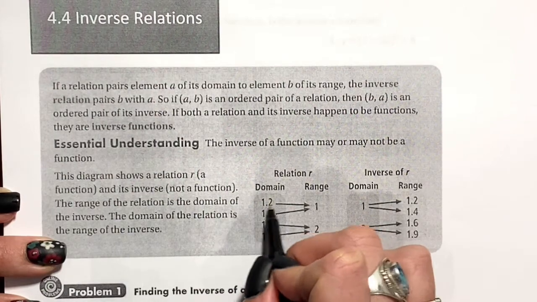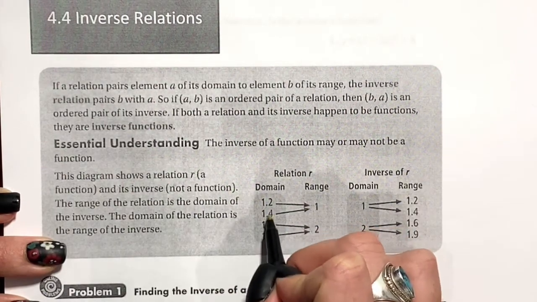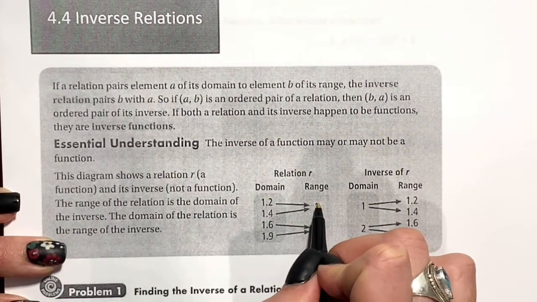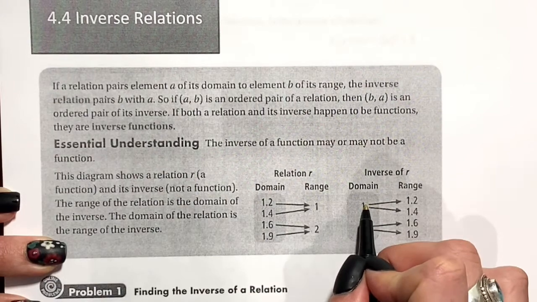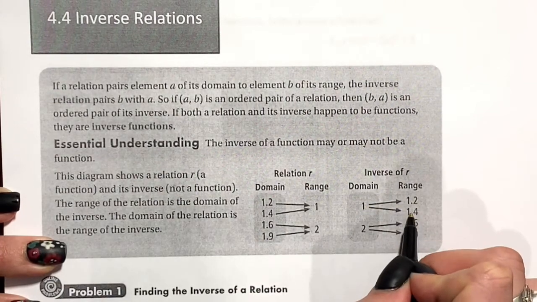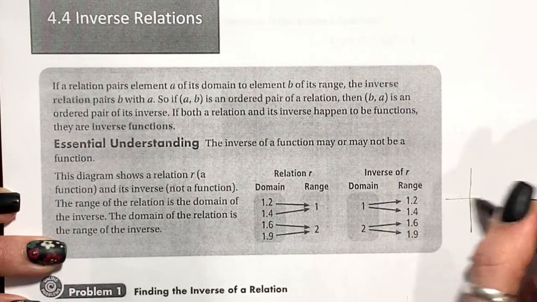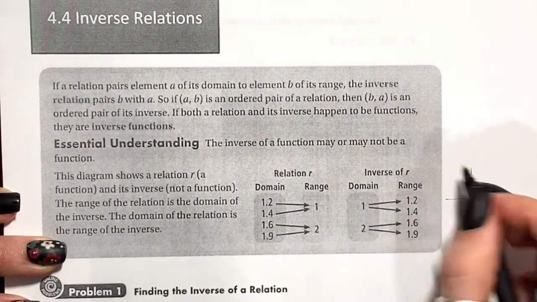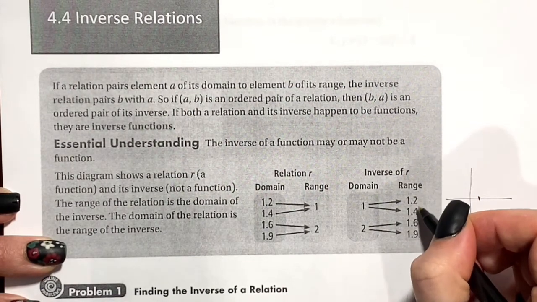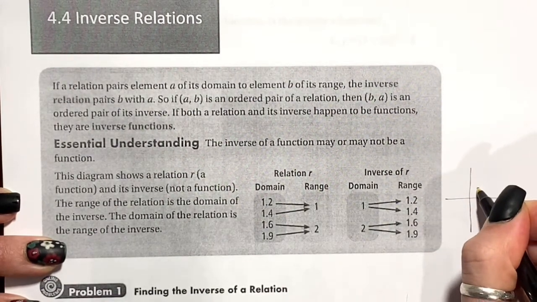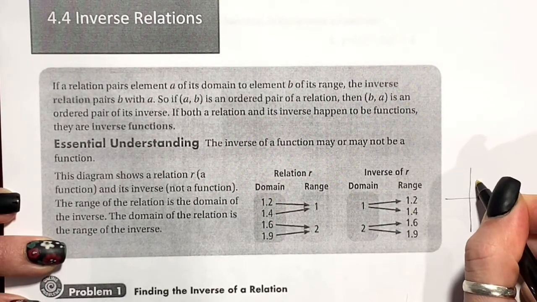So we can have one x value going to one y value, and it's okay if these x values share the same y, but the problem is if we switch it, we can't have one x value going to two y's. The reason being is if I drew this, and let's say I'm over 1 for x, and then they're saying I'm up 1.2 for one point, but then I'm over 1 and up 1.4 for another point.